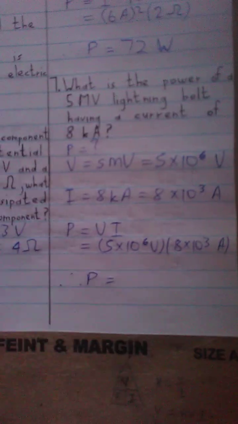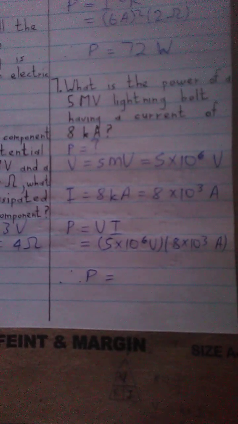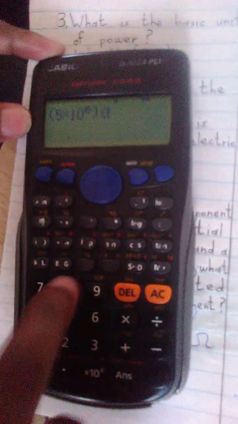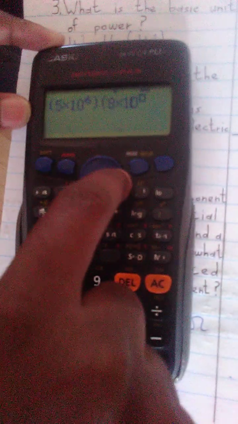What's V? 5 times 10 to the power of 6 volts. What is I? 8 times 10 to the power of 3 amperes. So it's 5 times 10 to the power of 6, oh my, it's supposed to be times.